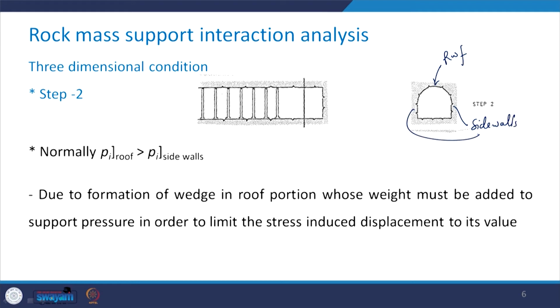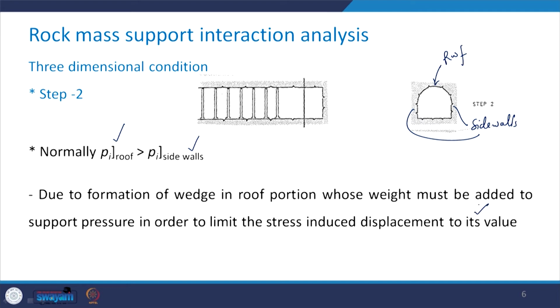So, normally this support pressure for the case of the roof is more than that for the side walls. This is due to the formation of a wedge in the roof portion whose weight must be added to the support pressure in order to limit the stress induced displacement to its value.